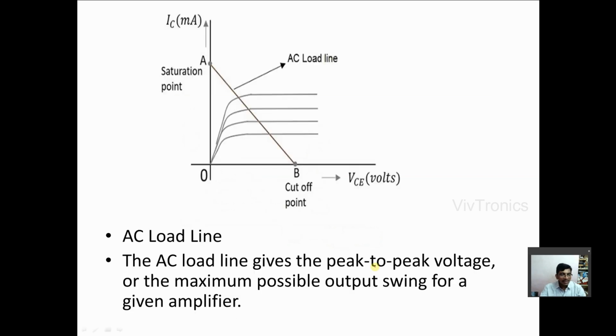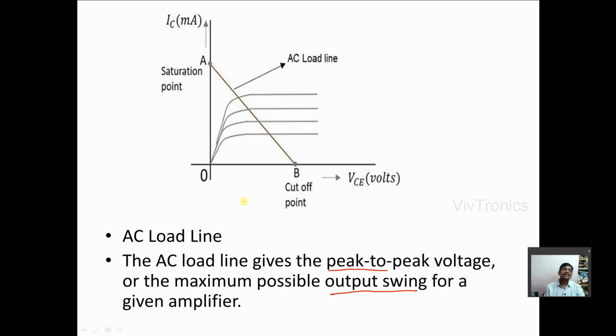The AC load line gives the peak to peak voltage or the maximum possible output swing for a given amplifier. The AC load line occurs whenever we apply an AC input signal to our circuit. If we are not applying any AC signal, that load line is called the DC load line.